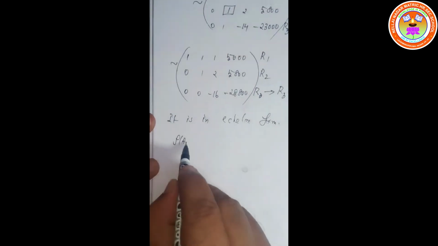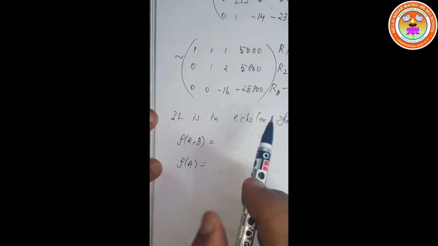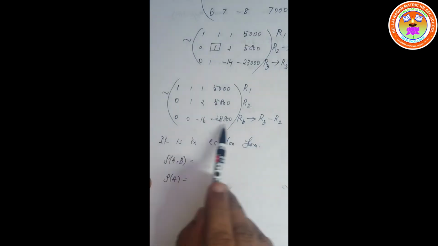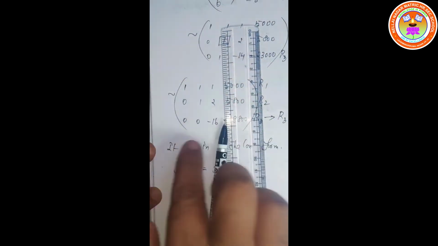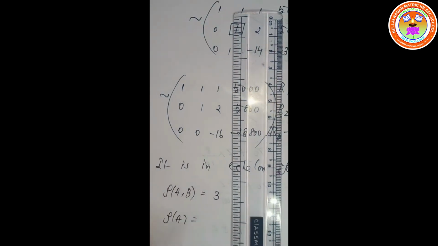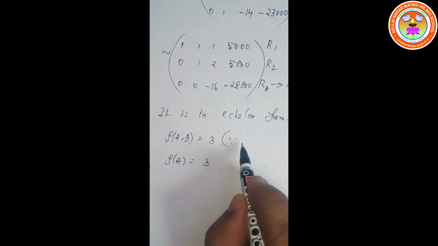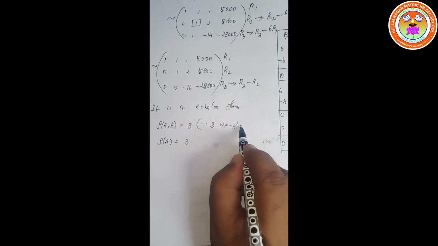Rank of A comma B, that is equal to rank of A, correct? See, how many non-zero rows for A comma B? 3 non-zero rows, leaving out the last column. This is the A matrix. Even in the A matrix, we have 3 non-zero rows. Therefore, rank of A is also 3. So write the reason: since 3 non-zero rows.